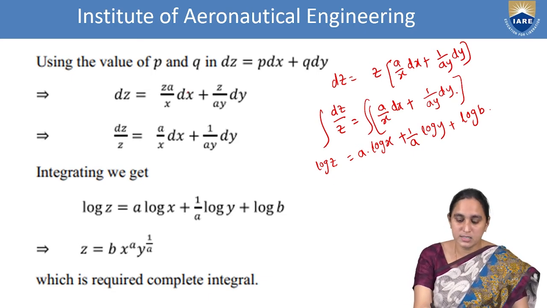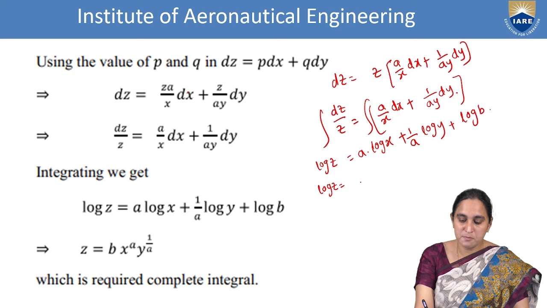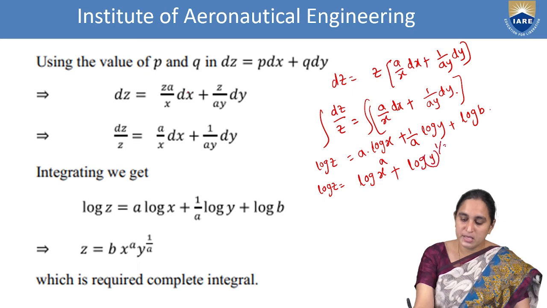Therefore log z is equal to a into log x plus 1 by a into log y plus log b. I'll write simply here: a into log x is log x power a, plus log y power 1 by a, plus log b.